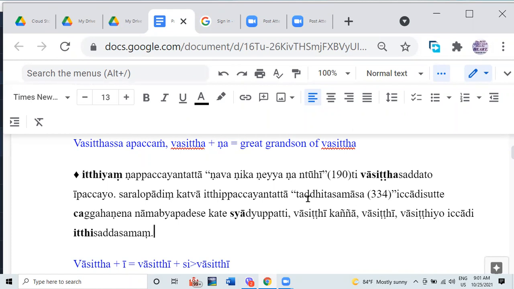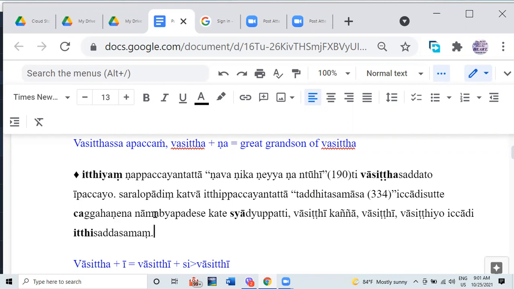Mantu, Manta. So after words with these suffixes, the feminine suffix is added.